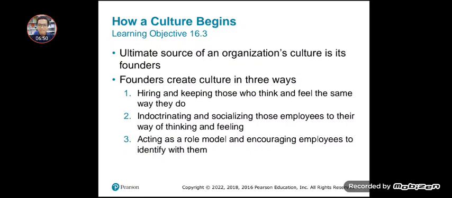They will also try to get employees to think about things the way they do, and socialize them to their point of view and ways of doing things. This is done so that the founder's behavior will become the behavior to model in order to succeed in the organization and to fit in.